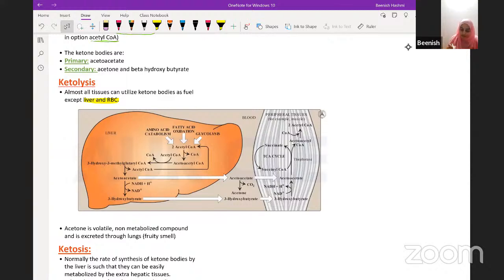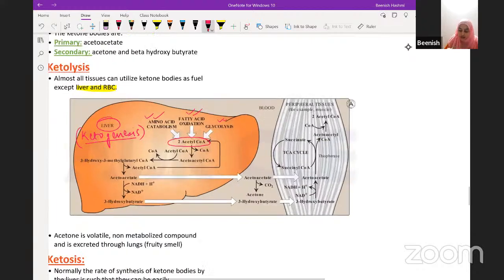This is the liver. In the liver, what is happening? Your ketogenesis is taking place, that is, your ketone bodies are being synthesized here in the liver. We've already seen how from amino acid catabolism, from fatty acid oxidation, from glycolysis, everything is converging at acetyl-CoA.